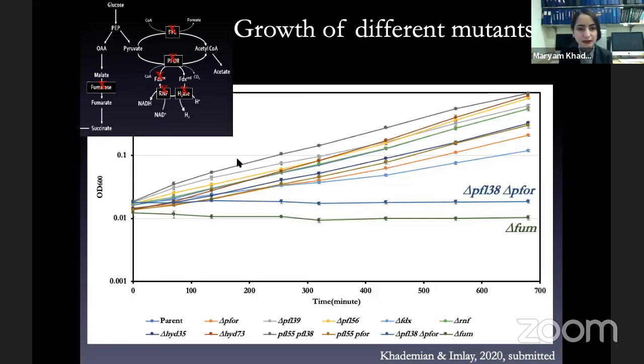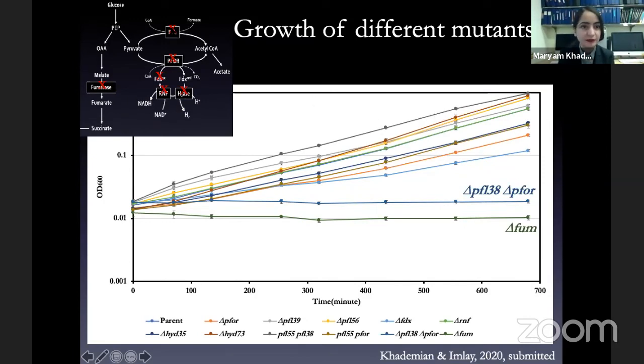Now, as you can see, if I delete fumarase, which is here in the left branch, the cells cannot grow. If I delete PFL alone, it is one of these lines, I assure you, they grow.